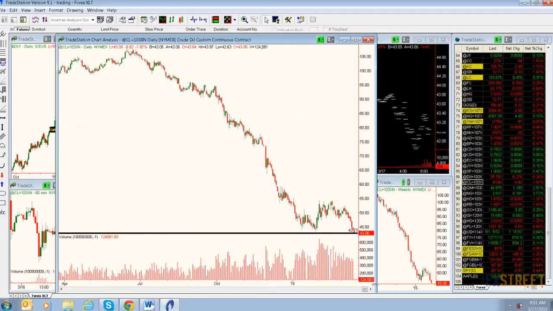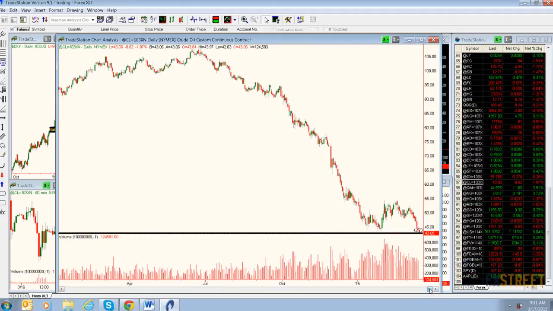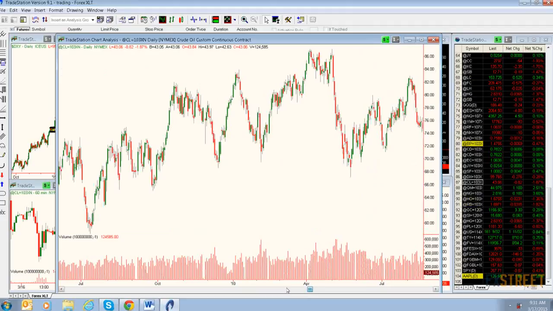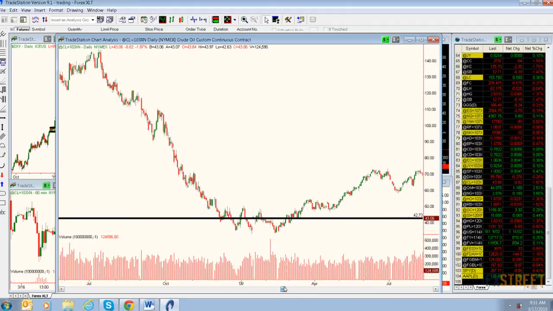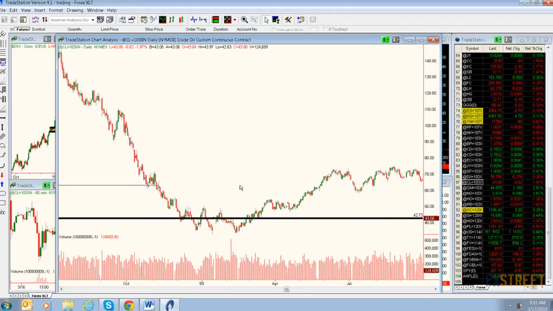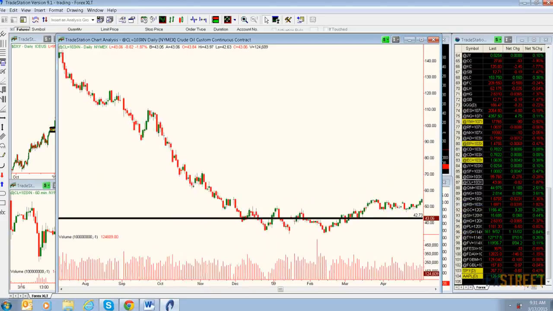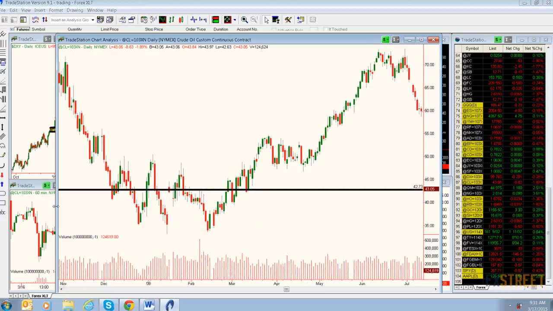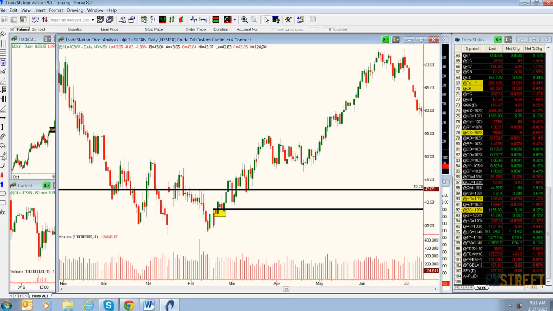So we want to see where that black line hits price again. And it's right here. And if you remember, last time we got together, the demand that we're looking at is really down in here.